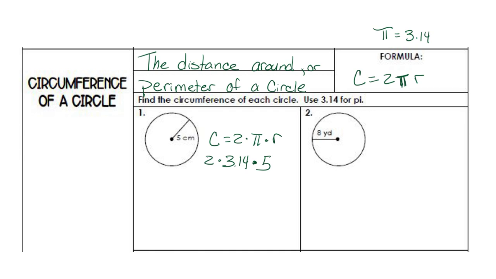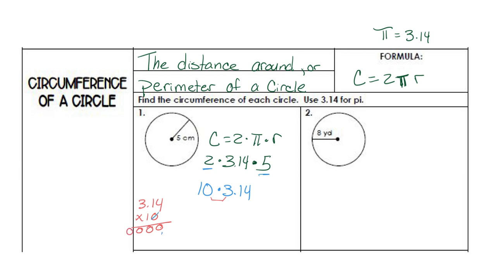So the first thing probably easiest to do is multiply 2 and 5. So 2 times 5 is 10. So 10 times 3.14. Now I can go ahead and set up my problem and do 3.14 times 10. Anything times 0 is 0, so it would be zeros all the way across.